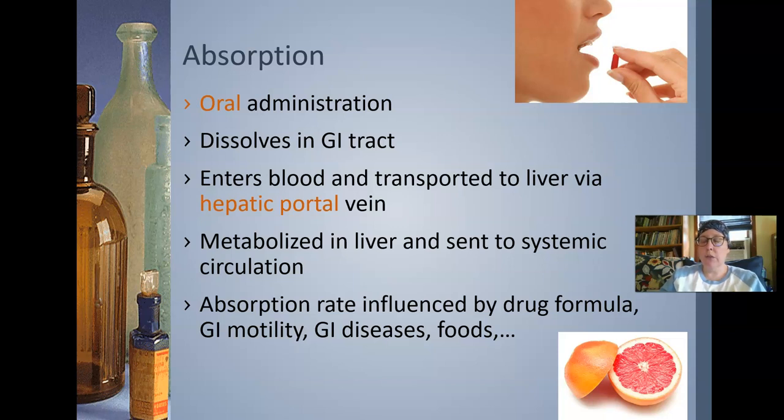So the portal circulation connects your intestines to your liver via the hepatic portal vein. So everything that is absorbed by your intestines goes straight to your liver. And so the drug that you just took, we could continue, for example, with ibuprofen.